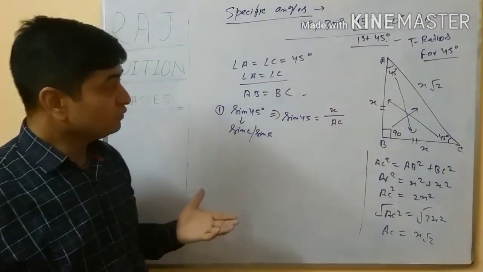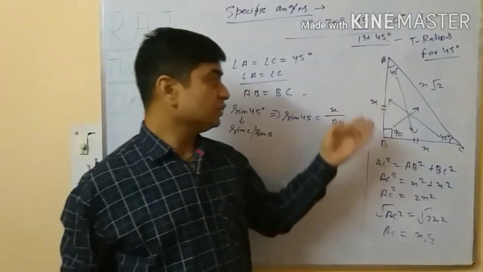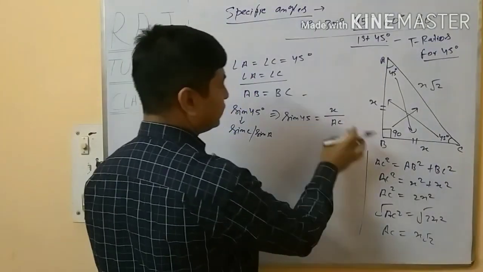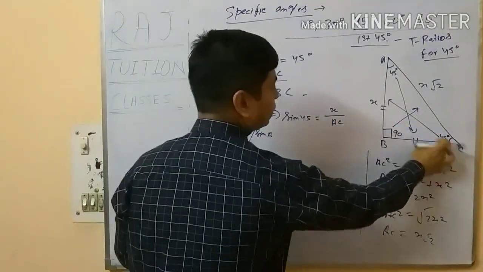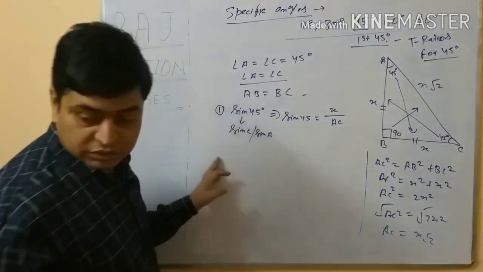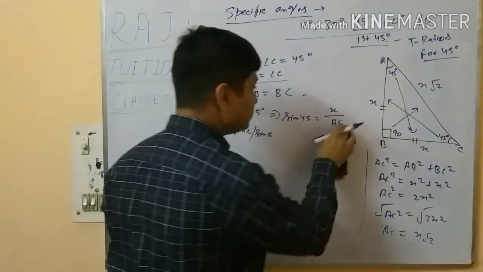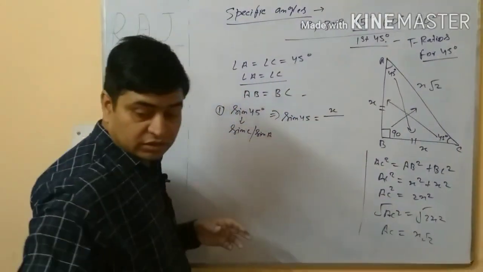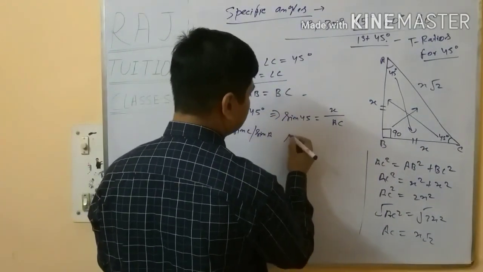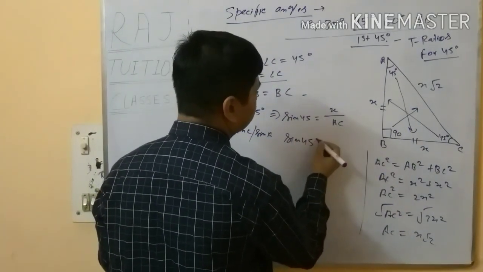So if we have three sides of a triangle, we can find any of the ratios. Sine 45 is the side opposite to 45 divided by the hypotenuse. The hypotenuse is AC, and now we have the value of AC. We should write it down. So what is the value of sine 45?